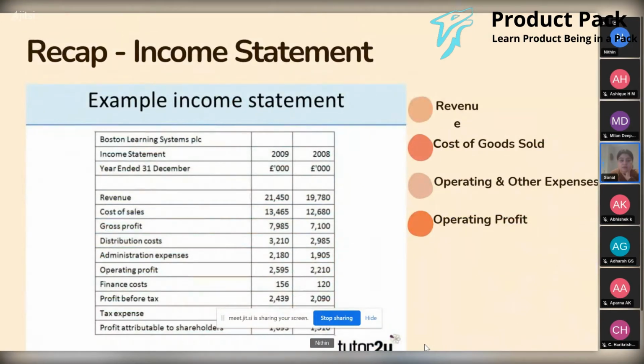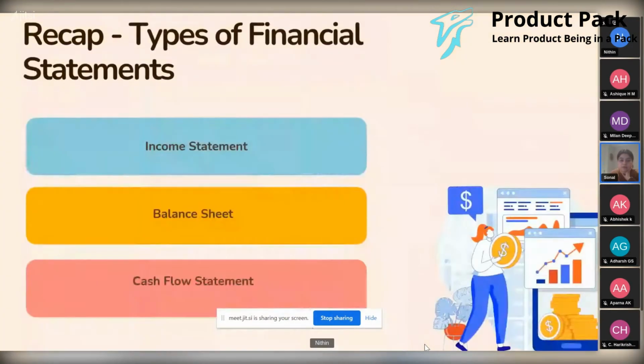So we talked about three types of financial statements: income statement, balance sheet, and cash flow statement. This session is dedicated to the balance sheet. In the last session, we spoke about the income statement: revenue, cost of goods sold, operating and other expenses, operating profit.